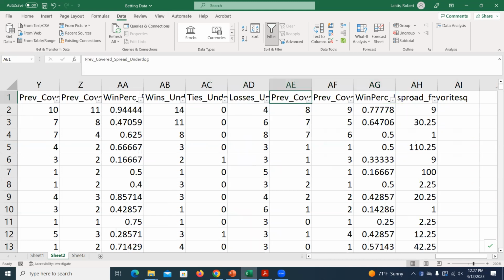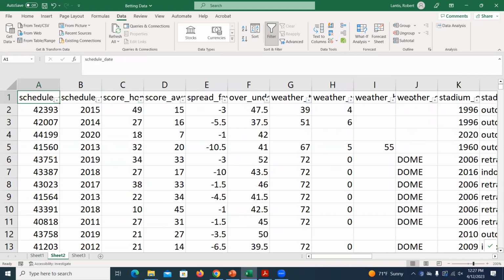Okay, so we're going to use the number of games that the underdog previously covered, the spread, and then we're going to look at what the actual score was, or if they covered the spread in the current game.